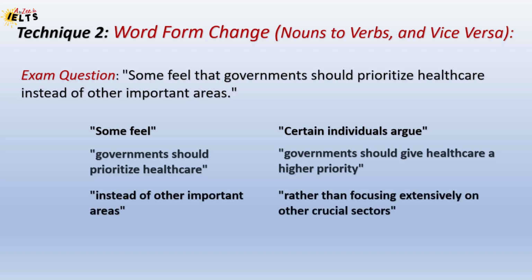Instead of other important areas is changed into rather than focusing extensively on other crucial sectors. We rephrase this part to convey the idea of choosing healthcare over other significant sectors. We substituted instead of with rather than, changed important, which is an adjective, to crucial, which is also an adjective, and replaced areas with sectors. These both are nouns.